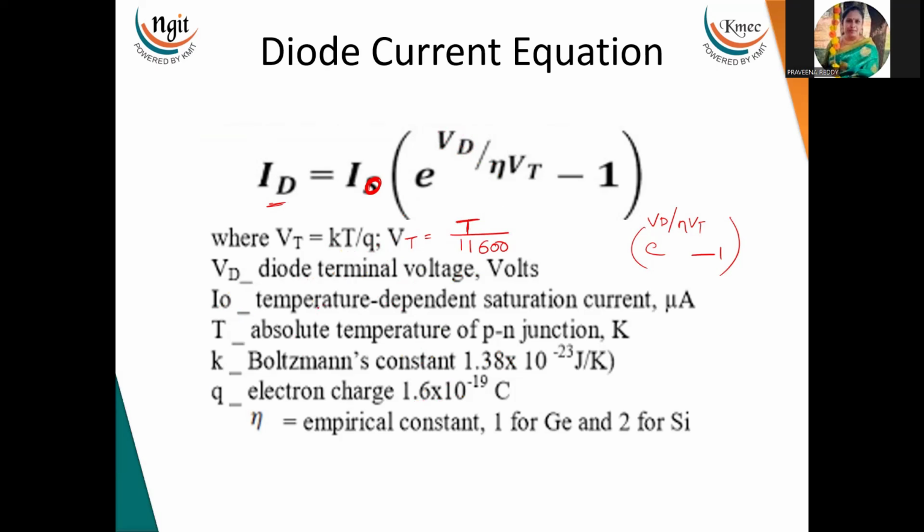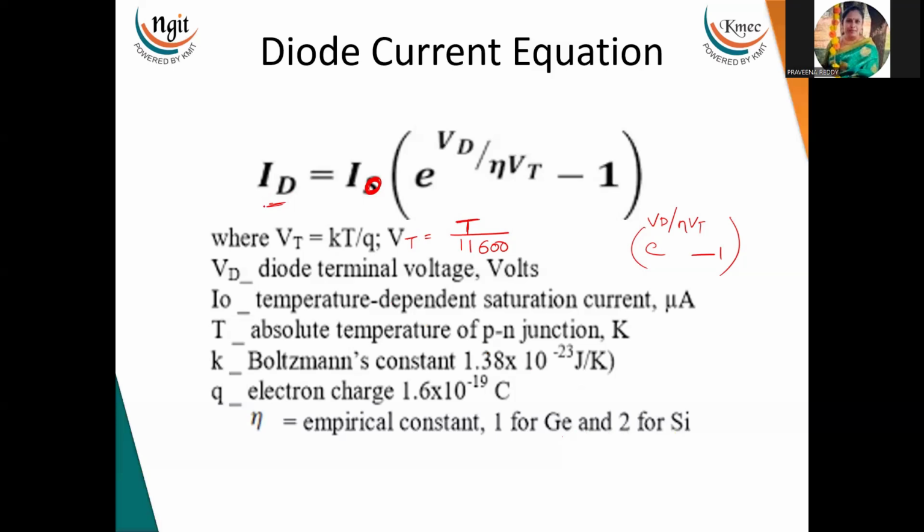And I naught is the temperature dependent saturation current. This is the reverse saturation current, we can also say. In the data sheet, this value will be available. And T is the absolute temperature of the PN junction diode in Kelvin. So at what temperature we are operating the diode, depending upon that, we need to substitute this T. And K is the Boltzmann constant, Q is the electron charge, and eta is a constant, that is 1 for germanium and 2 for silicon.